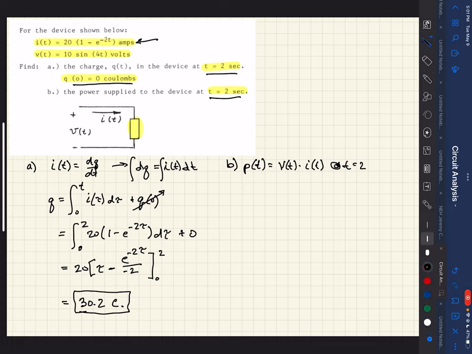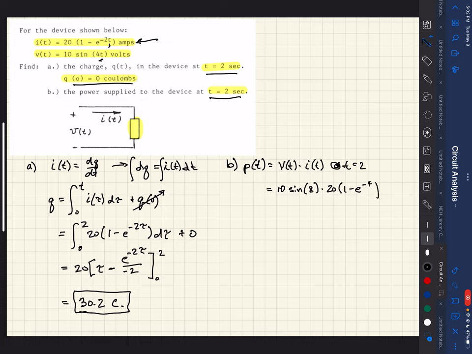So that being the case, we can rewrite this then as our voltage. If we put in t equal to 2 right there, that 2 times 4 is 8. So then that will give us 10 times the sine of 8 times, and then in this equation, put in 2 for t there, we will get 20 times 1 minus e to the minus 4.